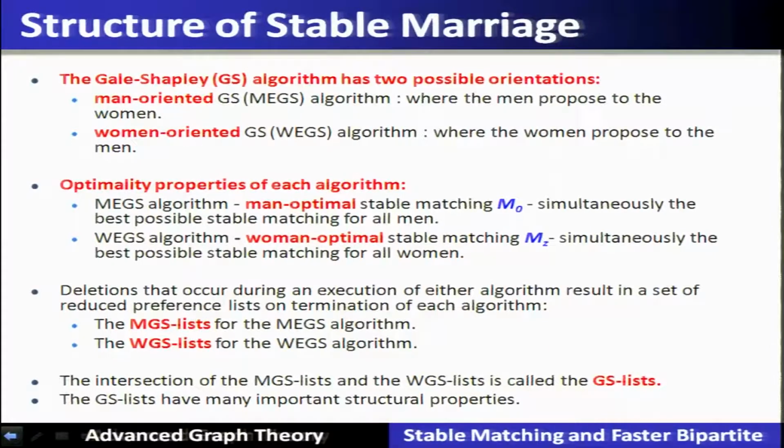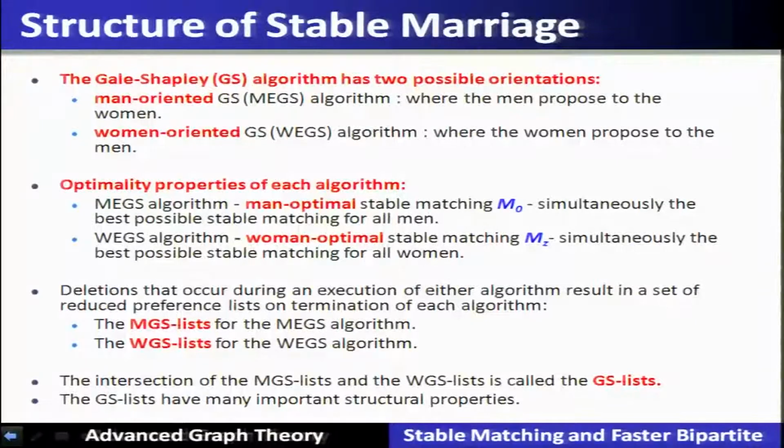If you take the intersection of man oriented list and woman oriented list, then the intersection will be called the GS list. The GS list has many important structural properties, and depending upon the application, these properties are exploited to solve various problems.